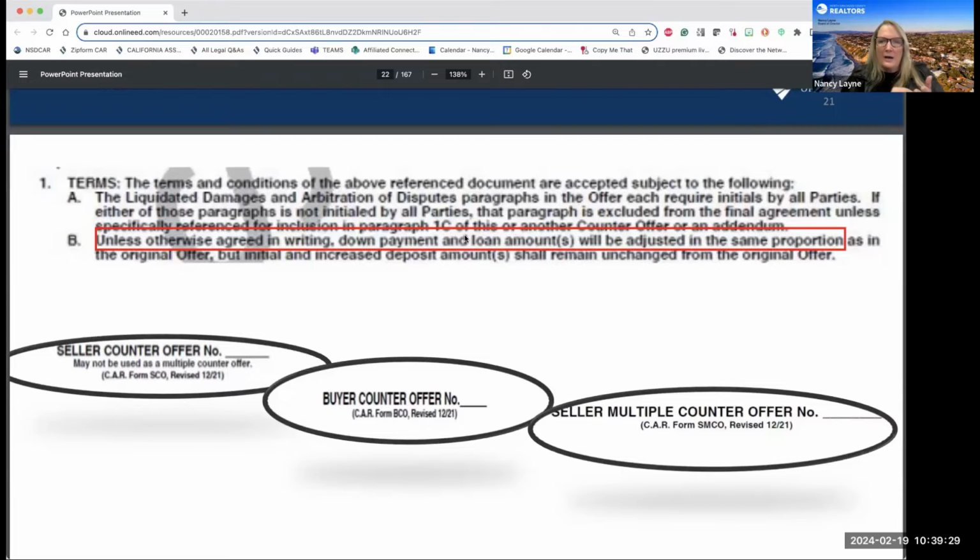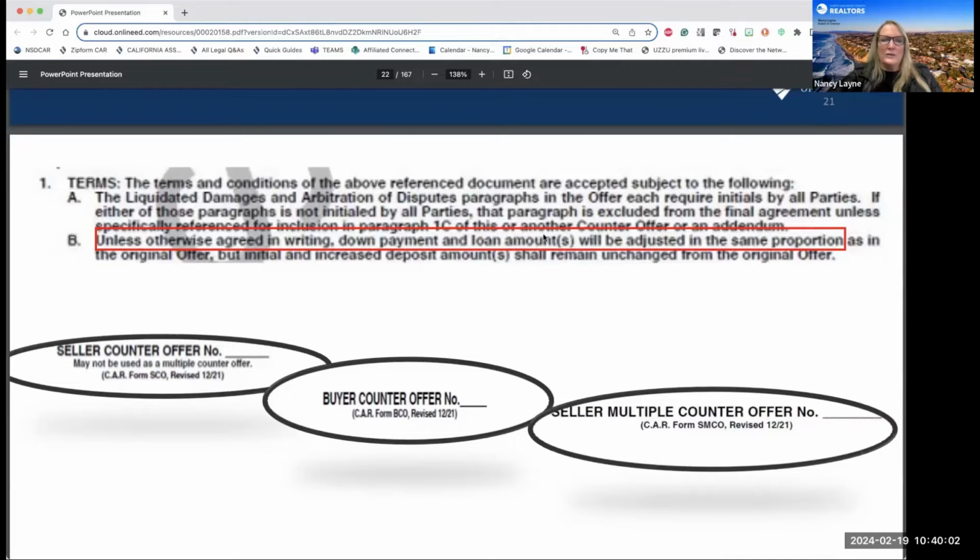That initial deposit is limited, if you agree with your signatures on the liquidated damages clause, which we'll get to later in the contract, to 3% of the purchase price or the actual deposit, whichever is less. So if it's 20% in that initial deposit, then that would not be liquidated damages.